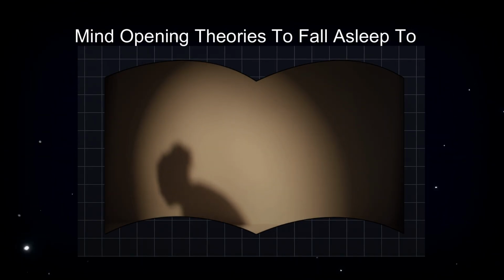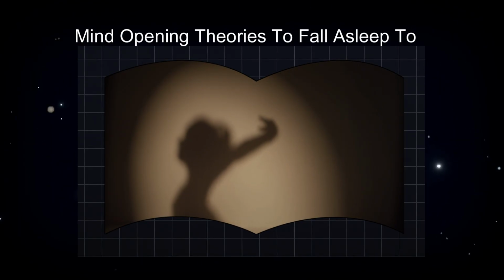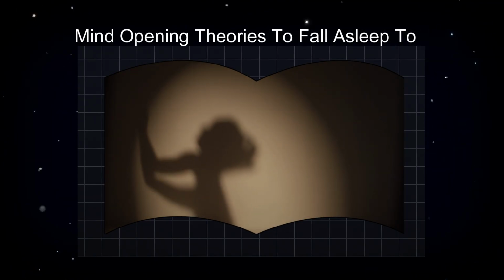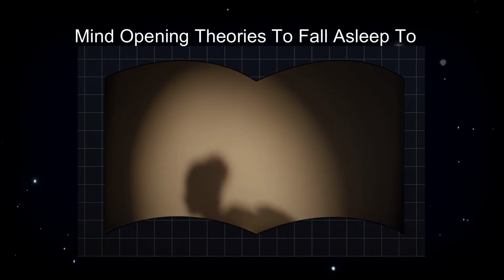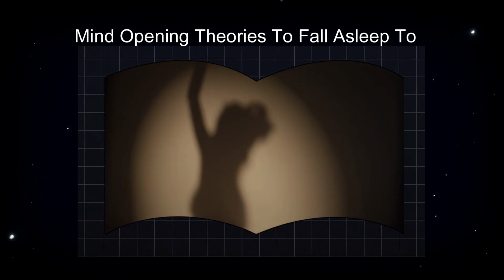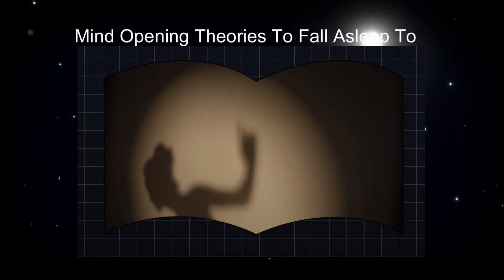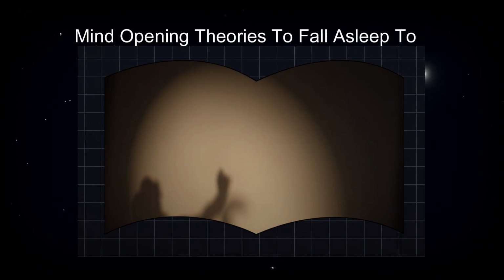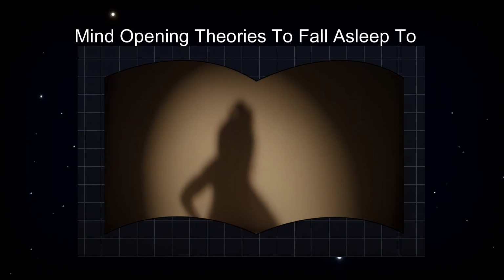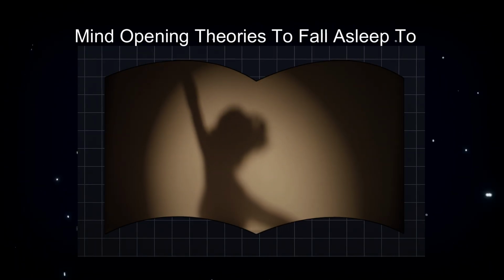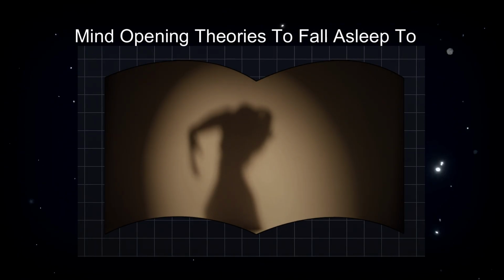Are we part of a grand program processing, learning, evolving? Toward what, exactly? Nobody knows. But the theory could help solve major puzzles in physics, like why quantum mechanics and general relativity don't work well together. Information might be the missing link. And what about consciousness? If everything is information, then maybe consciousness is just another layer of information processing.